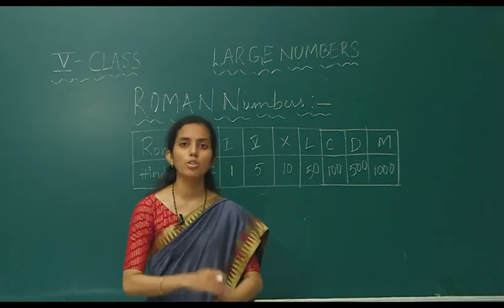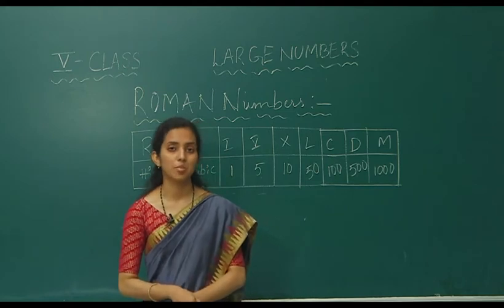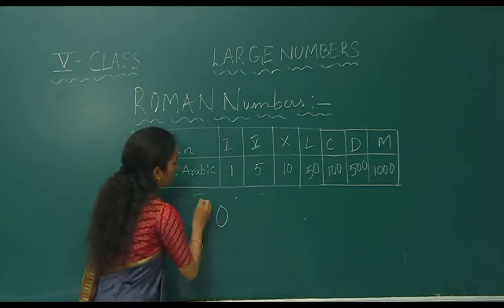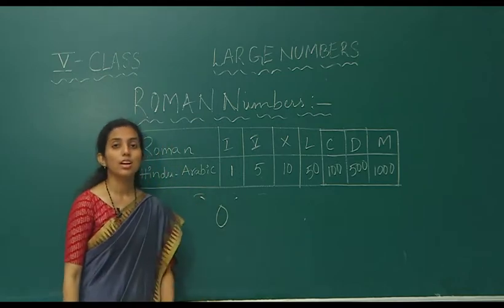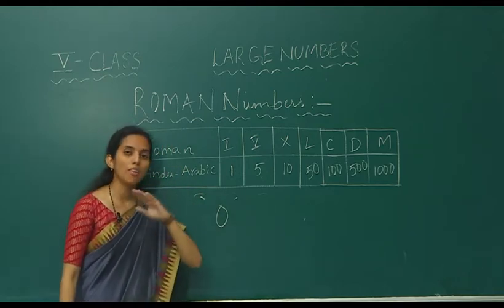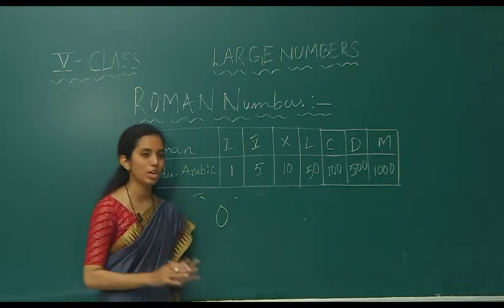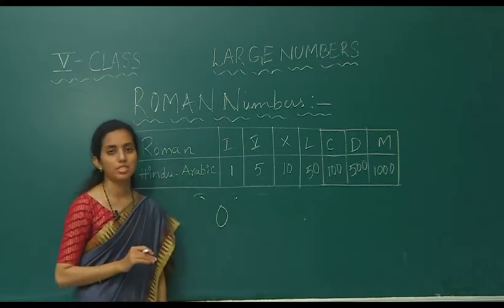The first and most important thing in the Roman number system is they don't use 0. They don't have the value 0 or any representation of 0 in their number system.